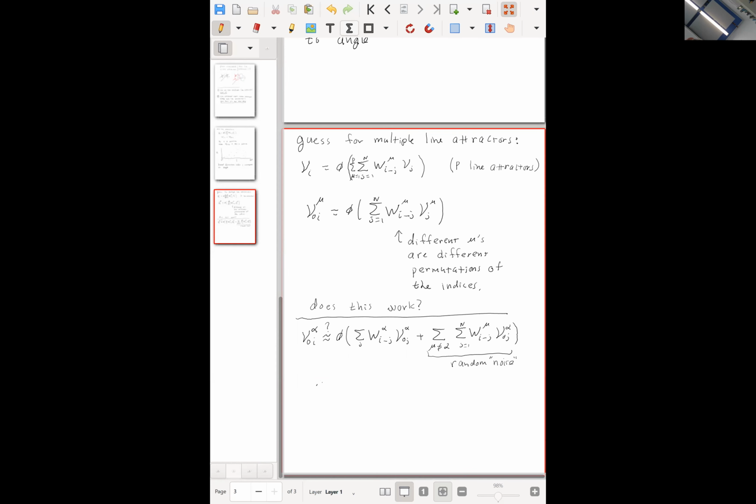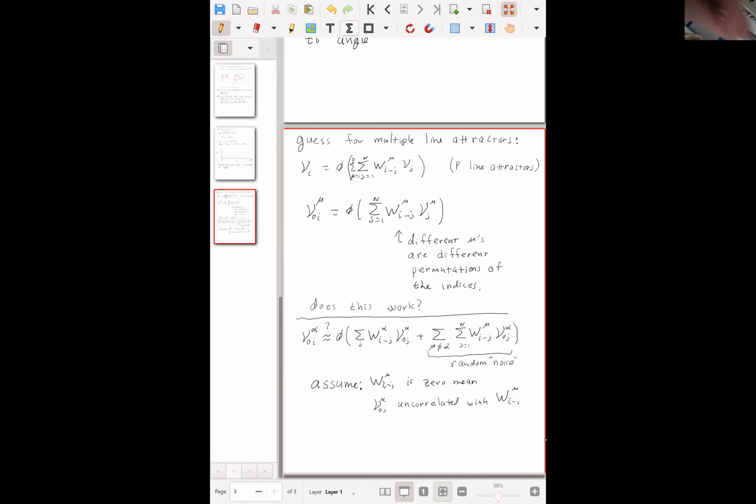So for simplicity, assume W_{i-j}^mu is zero mean, the usual assumption we had before, and that nu_j^0 alpha is uncorrelated with W_{i-j}.